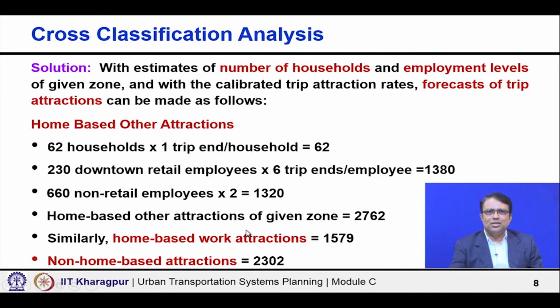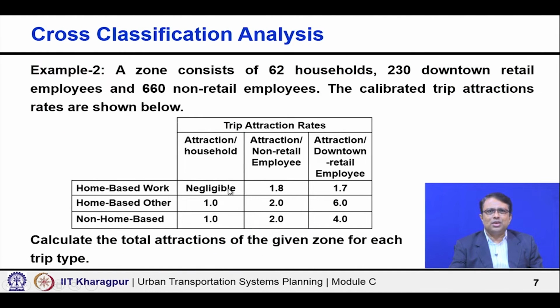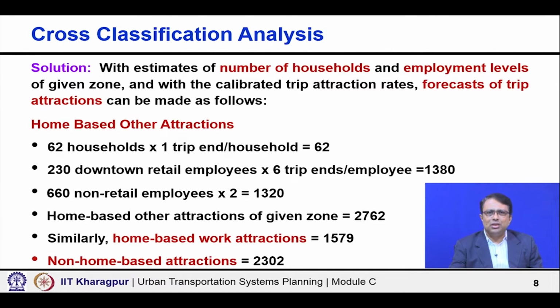In other cases we use different rates. For non home based we used 1, 2 and 4 respectively, and for home based work the first is 0, second 1.8 and then 1.7. So, these rates will change as per the type of trips.